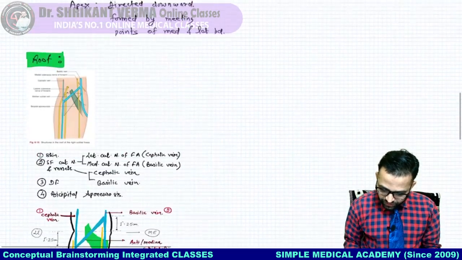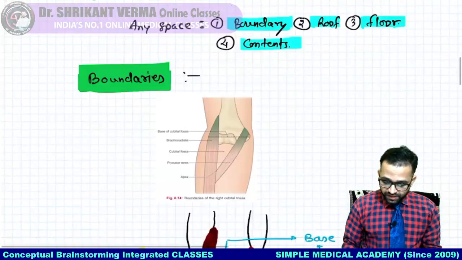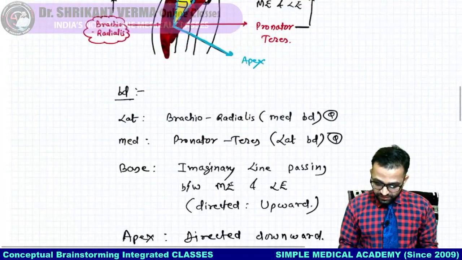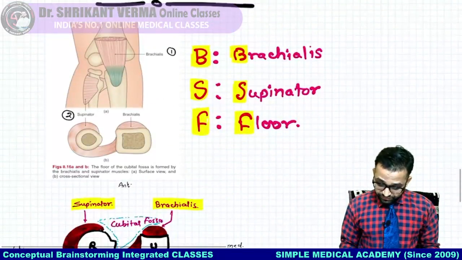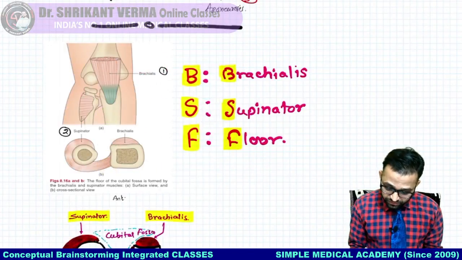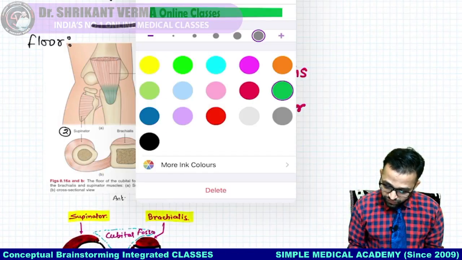Okay, so we are moving progressively. We have seen in the previous class the definition, and then shape, location, boundaries, and then diagrammatic presentation. After that, roof, and right now we talked about our floor.